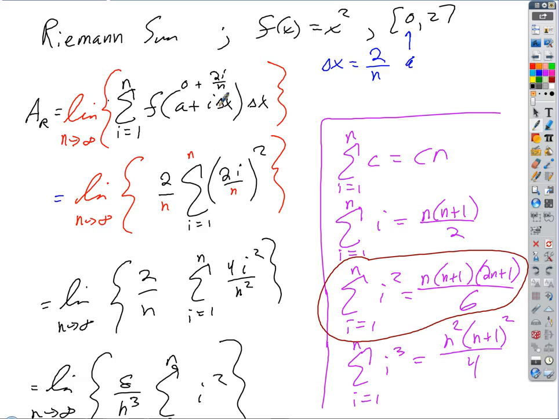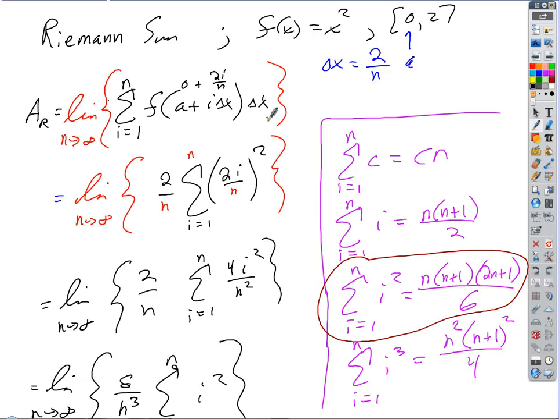So for our specific function, x squared, we would get the sum of f of 2i over n, which is just (2i over n) squared times delta x. But the delta x is a constant insofar as the sigma is concerned. It's a constant factor, so because it has no i's in the expression, we can pull it out front.